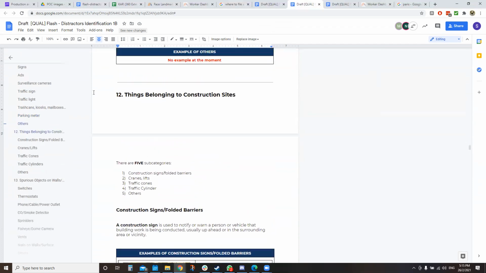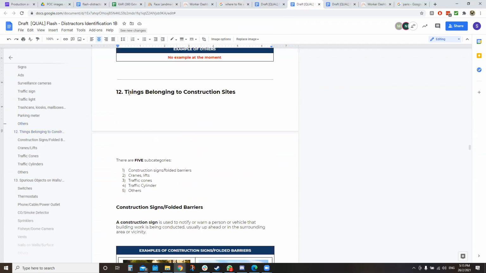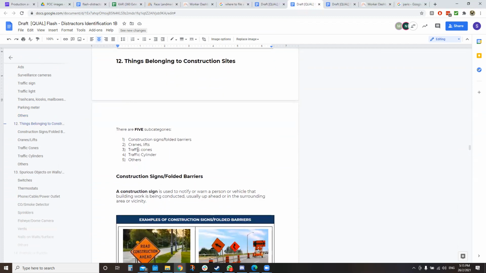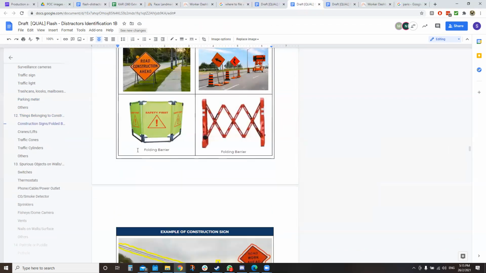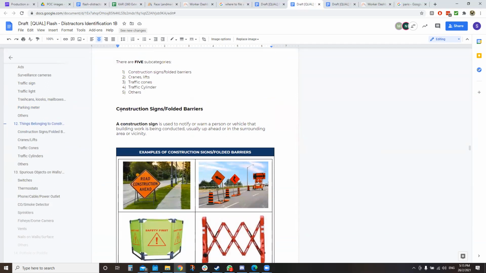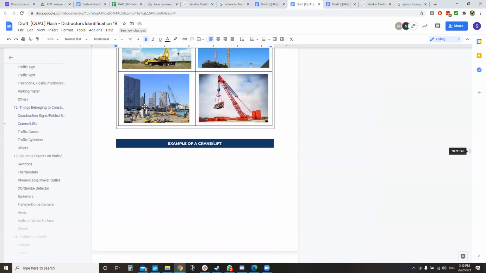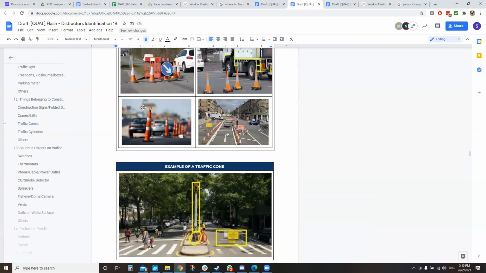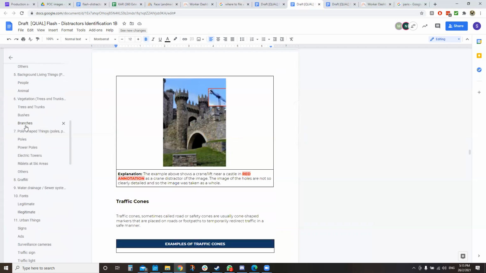And then things belonging to construction site. Here, oh my God. Traffic cones. Oh, folded barriers. Okay, sorry. Traffic barriers. Okay, traffic cones. So let me see traffic cones. Okay, yes. This is cones. What was it just now?